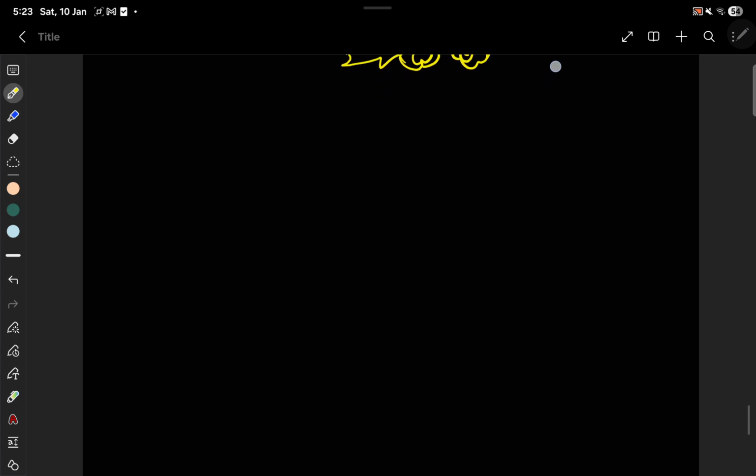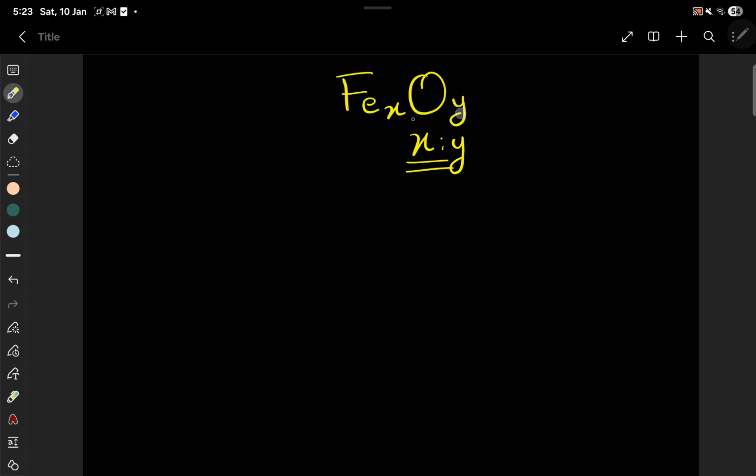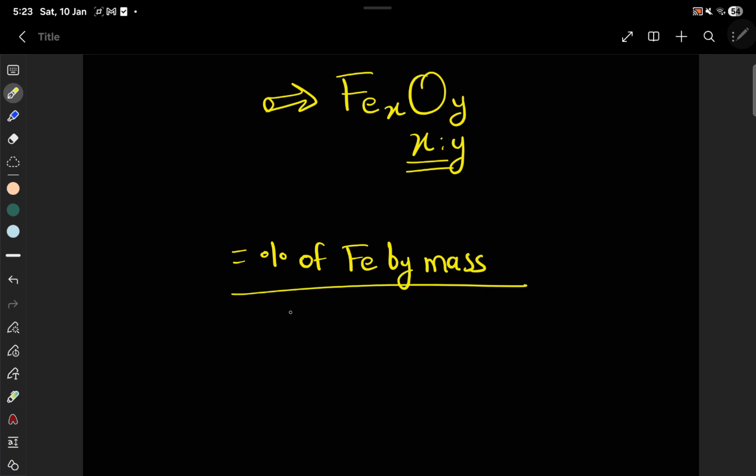So now let me determine the value of x ratio y for the estimation of the empirical formula. Let's say FeXOY is the empirical formula, and we have to determine the values of x and y. The formula here is percentage of iron by mass divided by atomic mass of iron.